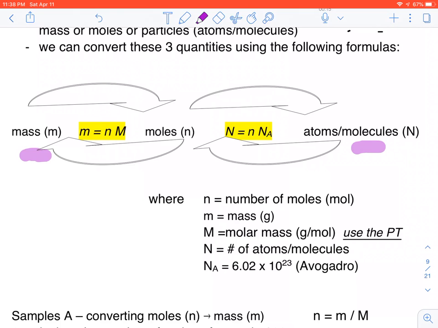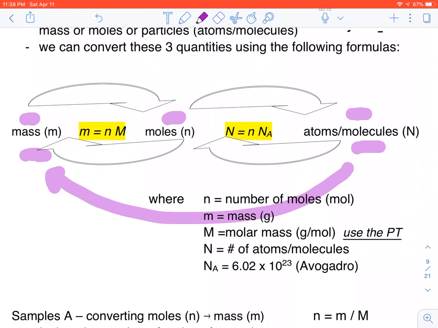And like I said, there's no way to get from here to here directly. What I have to do is use the number of molecules here to calculate the number of moles. Then once I know the number of moles, I can calculate the mass. So that's why this picture is so handy. It tells me there's no quick and easy way.